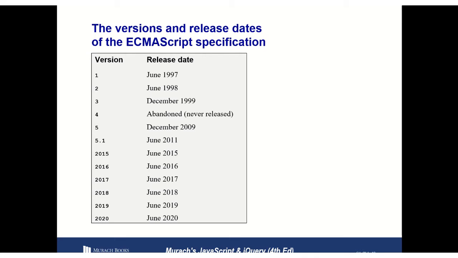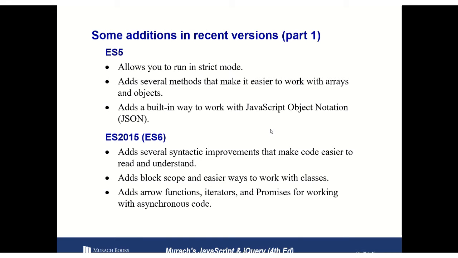Instead of having a set specification that they would release when all the features were completed, they moved to yearly releases of the features that had been approved to that point. So it becomes more agile. It's now a yearly release rather than a numbered version release.